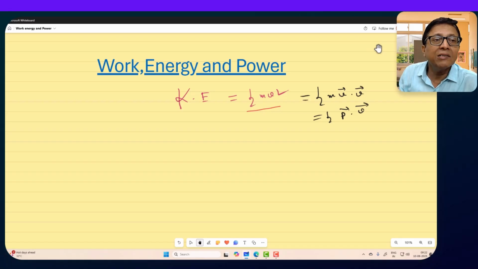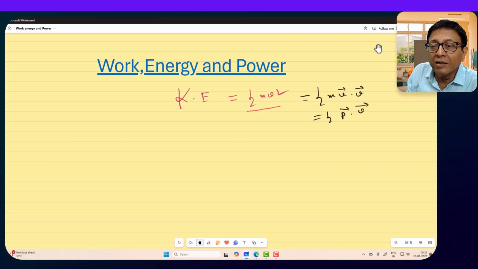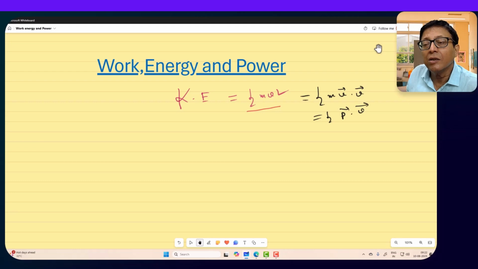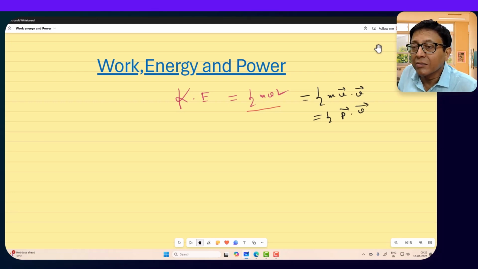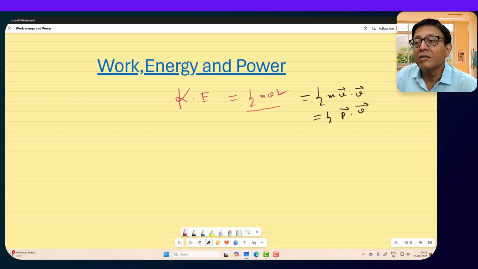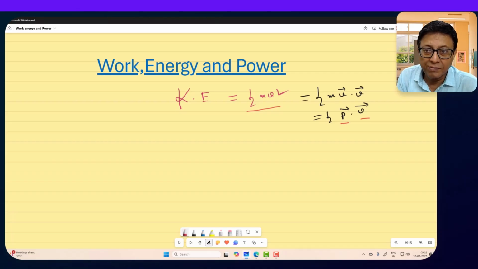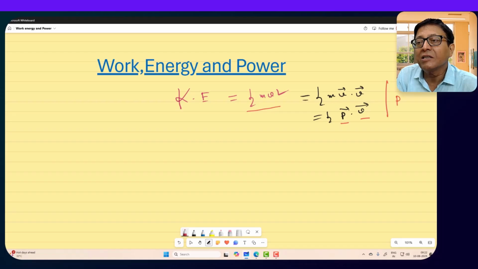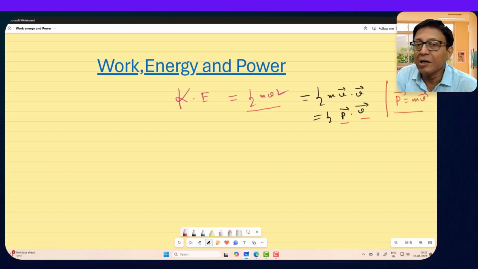All these things are related. We will be discussing all these one by one. But remember, when we are writing P and V in this manner, then it is quite obvious that P and V have the same direction. P stands for momentum and V is the velocity.